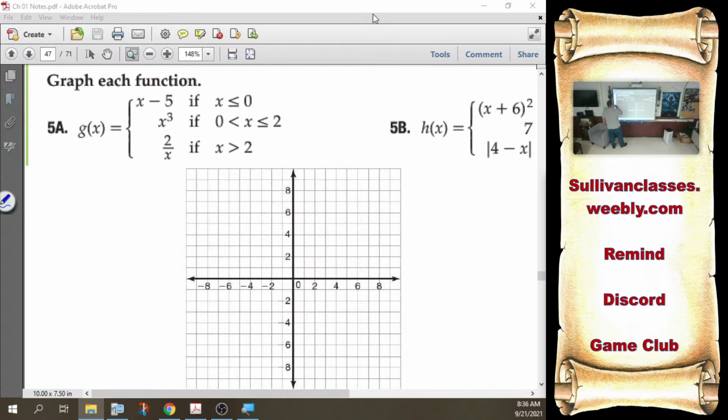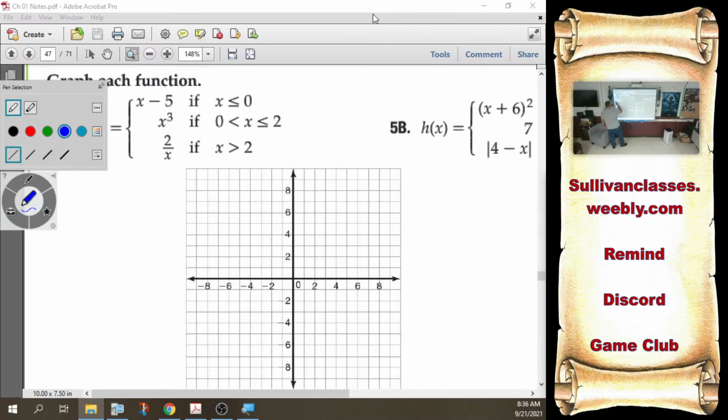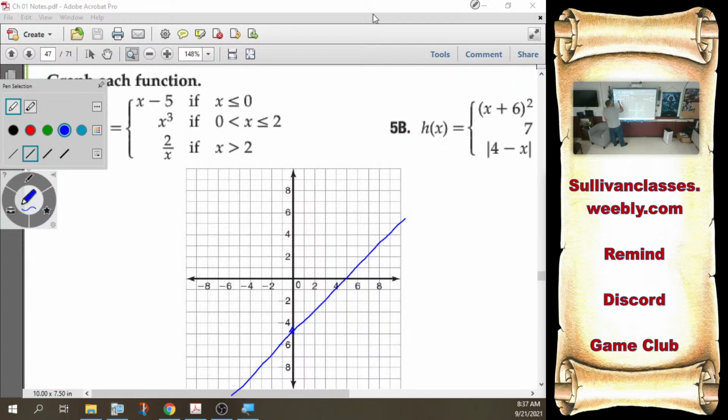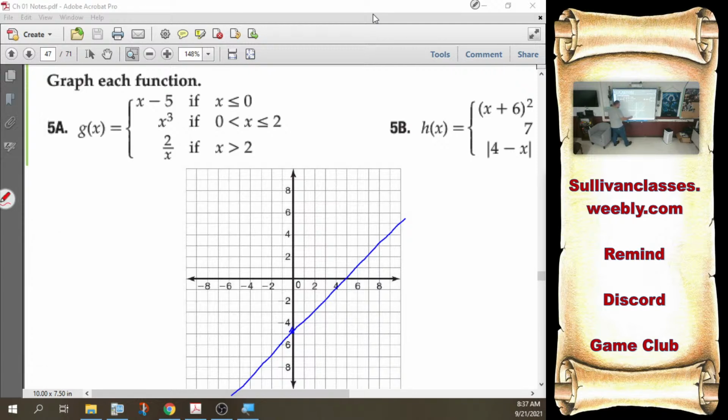Okay, if I were to just throw them all on here, x minus 5, trying to do it without making points. There we go. And x cubed.